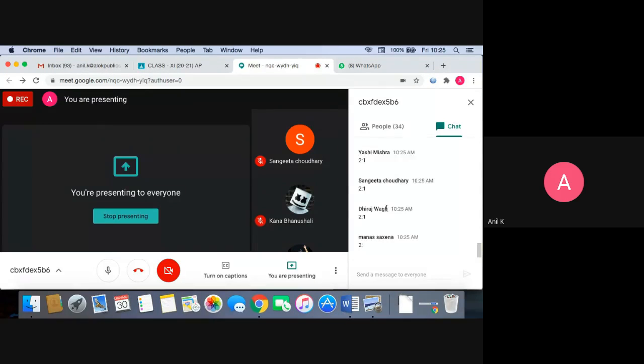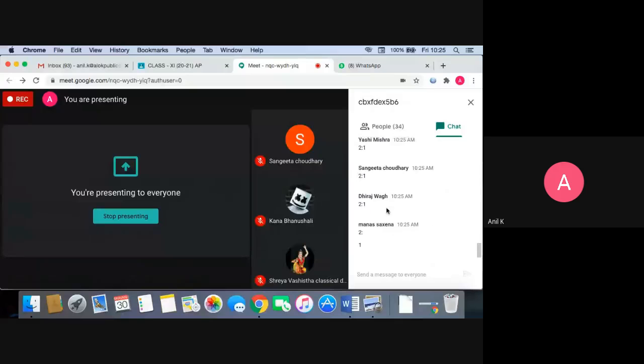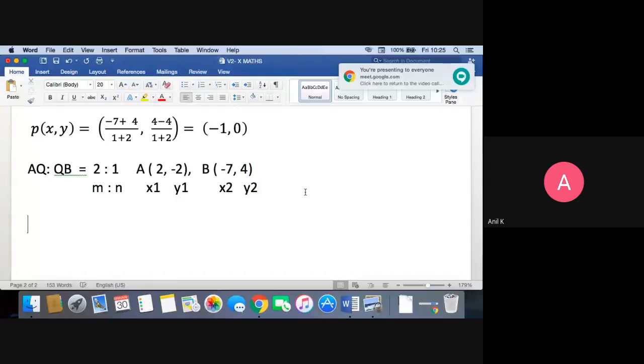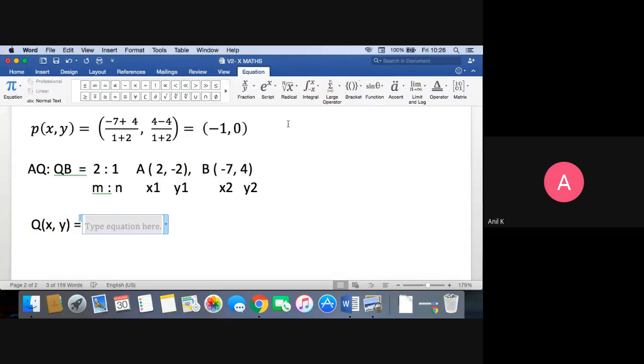Yeah, they have given the answer as 2 is to 1. It is correct. You try it out. Okay, so Q, x comma y is equal to... you try it out.